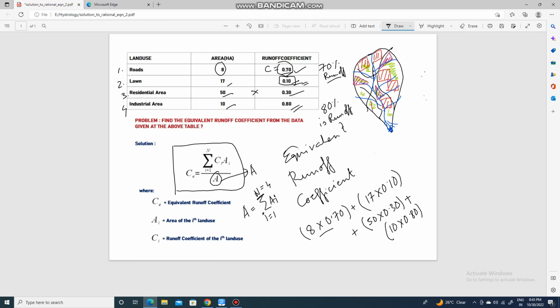And so the total area is 8 plus 17 plus 50 plus 10, which is 85 hectares. So you just divide this entire numerator by the total area.